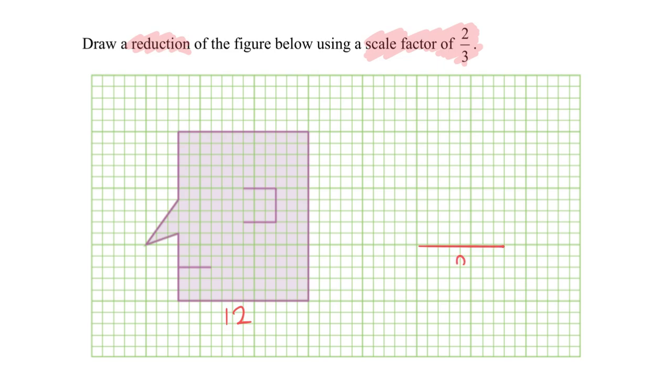So here I should have 8. I've counted here 15 squares. So 15 times 2/3, I would then have 10 squares here. So I'm going to draw a line. 1, 2, 3, 4, 5, 6, 7, 8, 9, 10.